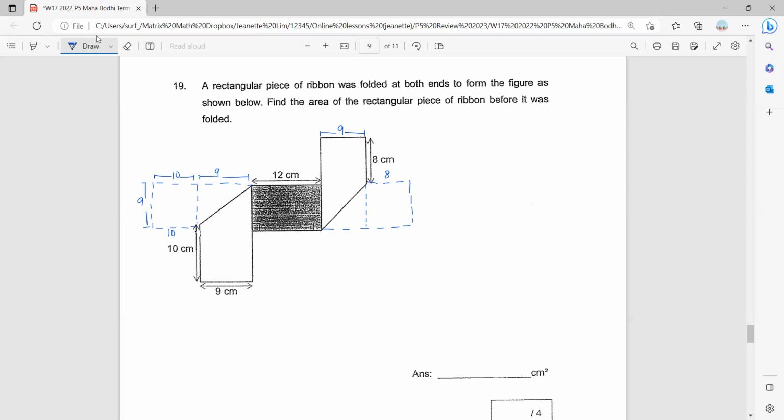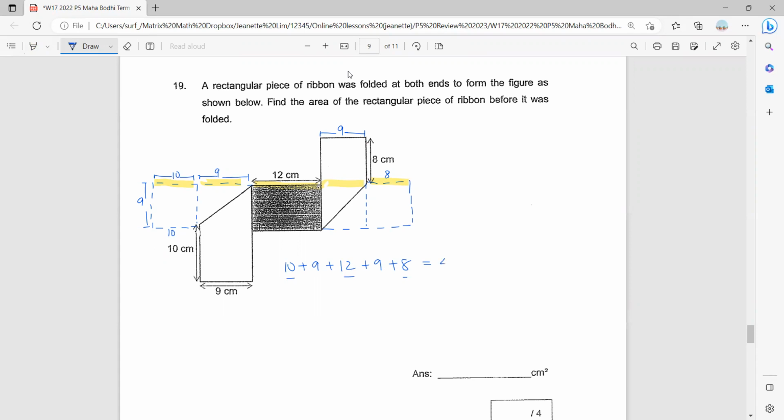So what is the length of the rectangle? 10 plus 9 plus 12 plus 9 plus 8. Okay, 12 and 8, 20, 30. 30 plus 9 and 9, which is 18.